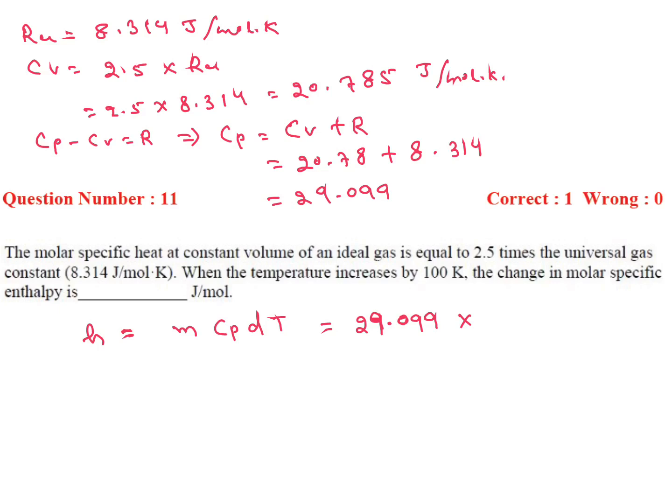Temperature increases by 100 Kelvin, this is dT, so 100, you will get 2909.9. Unit is joule per mole. 1 mark question. This is a 2 mark question.